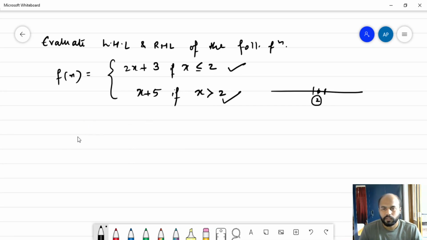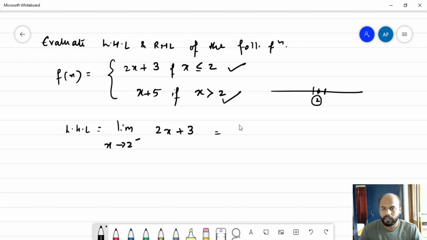So let's apply the limit. The left hand limit is going to be limit x tending to 2 minus. When I say 2 minus, it means approaching 2 from the left hand side, which is going to be written as 2x plus 3.